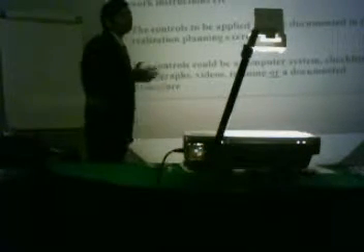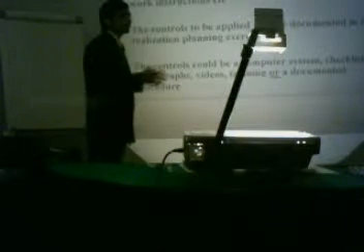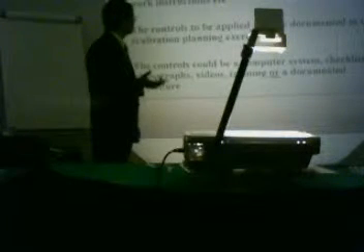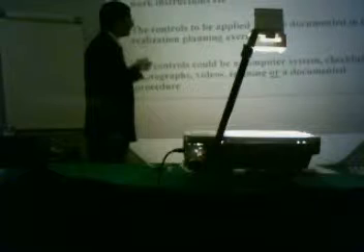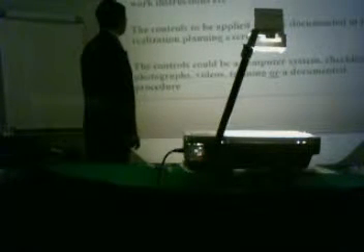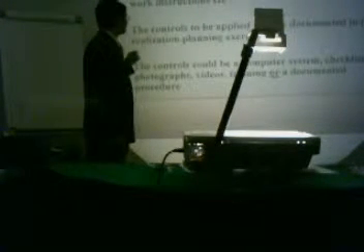Now what are controls? Actually they are written procedures, work instructions, procedures for how to test the sample, how to collect the sample, how to eliminate the bugs, how to make the software. These are the procedures. The controls to be applied may be documented in the realization planning exercise.